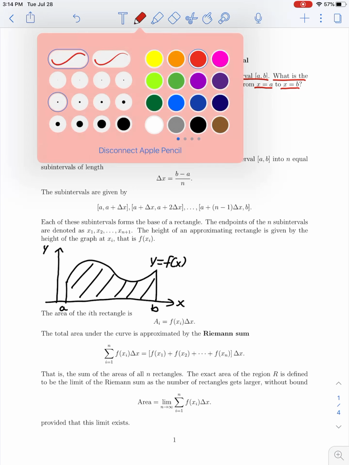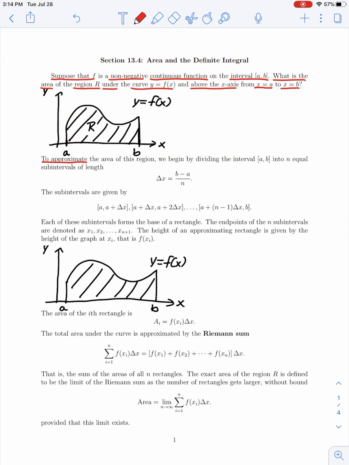In order to approximate the area of this region, we will start by dividing our interval along the x-axis, that is from a to b, into n equal subintervals, which would have length denoted by delta x.